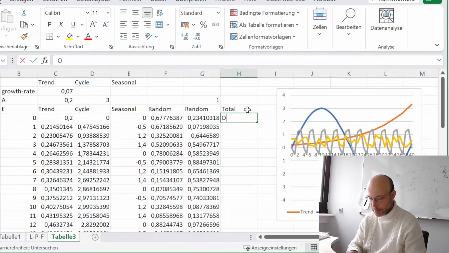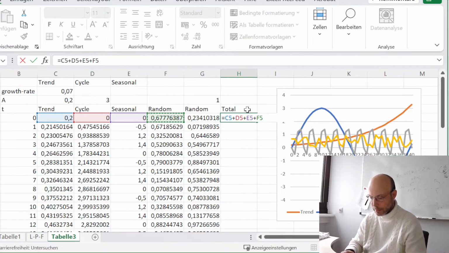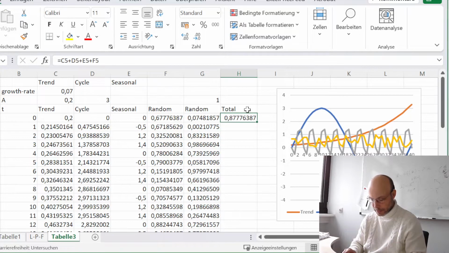We just add up these data components: trend data plus the cyclical data plus the seasonal data plus the fixed random data.